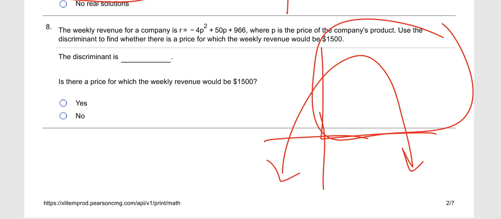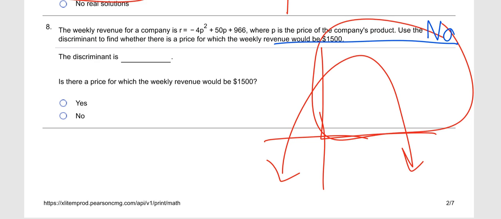Use the discriminant to find whether or not there is a price for which the weekly revenue would be $1,500. So, does $1,500 happen here? If $1,500 happens where I drew that blue line, what is your answer? Yes or no? This would be a no situation.